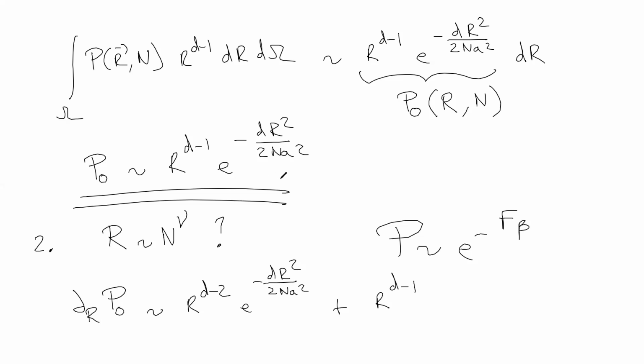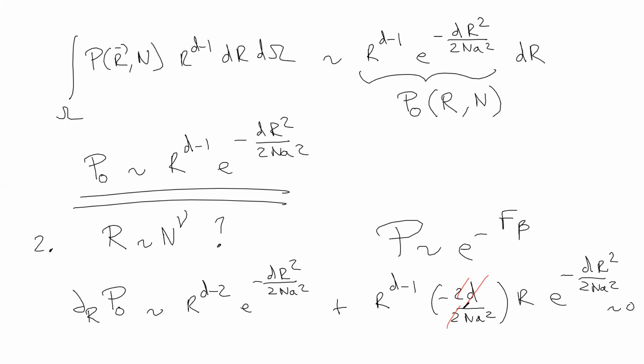And then I should derive this exponential with respect to R. So there is a minus 2d over 2n squared a squared, R, and then exponential of minus d R squared over 2n a squared. And this should be equal to 0. And again, I say that I don't care about prefactors because I already removed a lot of those. So I will even remove the d, the dimension, which is numerical.